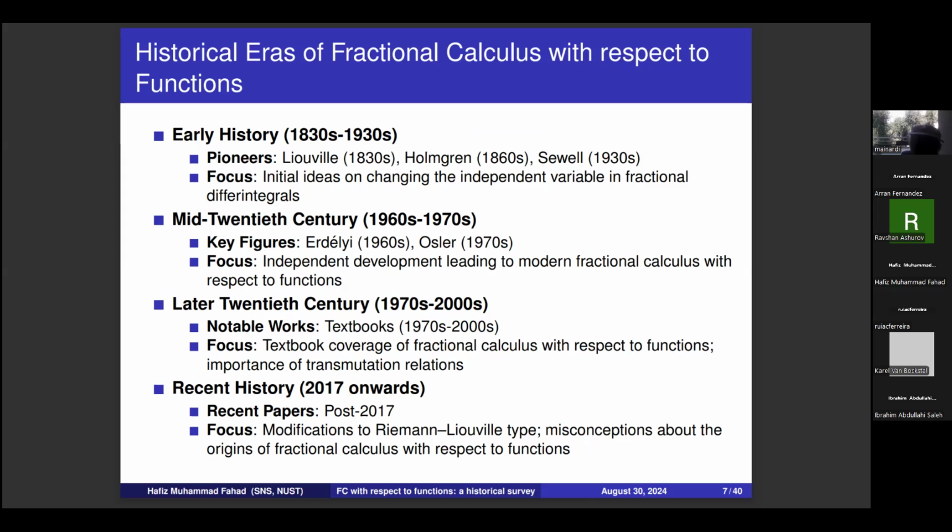And finally, the literature in the recent history, that is 2017 onwards, has focused on modifications to the original Riemann-Liouville type operators with respect to functions. And some researchers now seem to think that those papers are where fractional calculus with respect to functions was first defined.